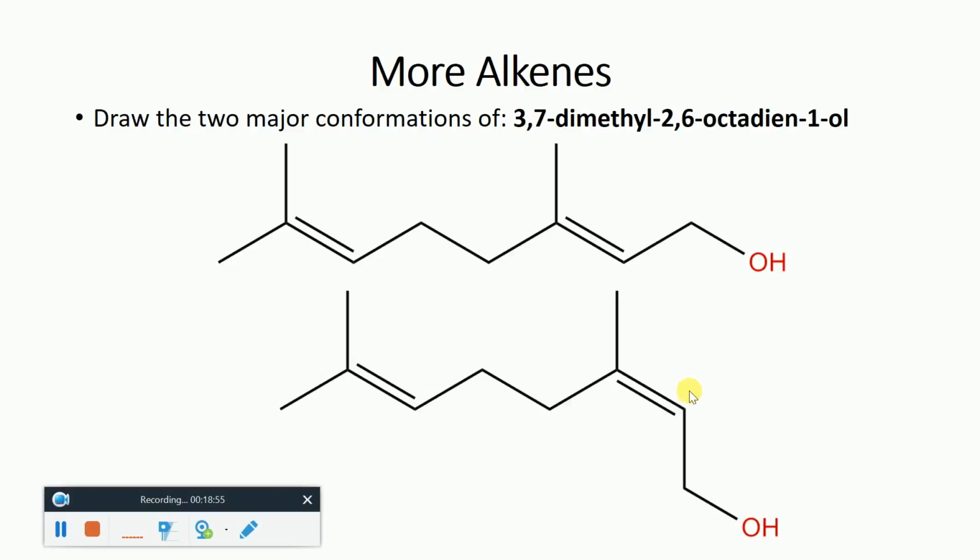Because we're not drawing hydrogens explicitly, but there's no charge on this carbon, so it has to have a hydrogen because it has to have 4 bonds. That would not be the highest priority group. We'll go over how to think about priority groups with alkenes. But this big group over here is going to be the priority group on the right-hand side, and this whole long group is going to be the priority group on this side.